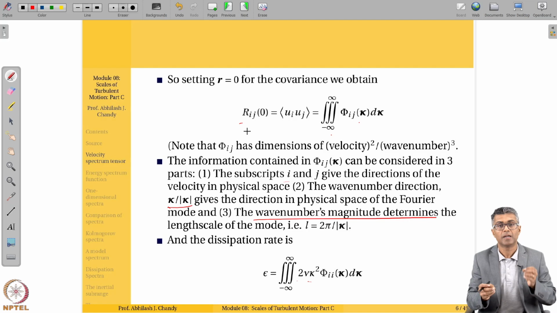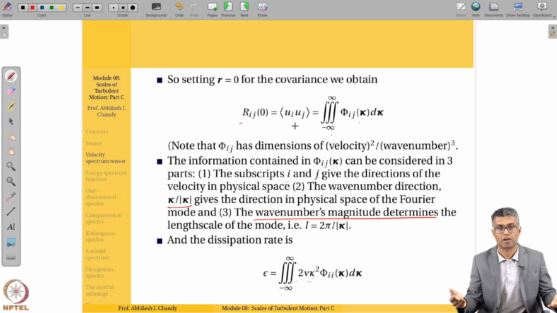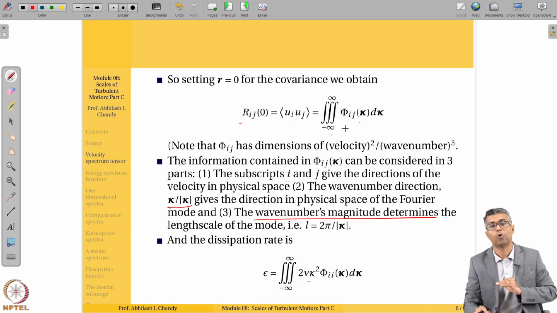So you will have Rij of 0, which is basically the Reynolds stresses, Ui Uj average, right? And that essentially is the triple integral of your velocity spectrum tensor over all the wave number vectors.